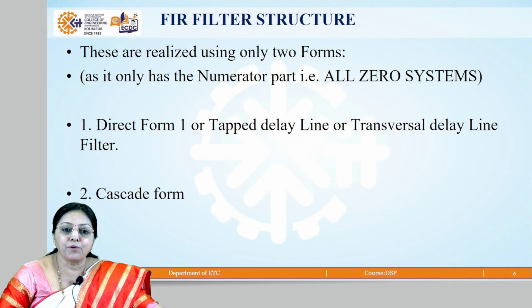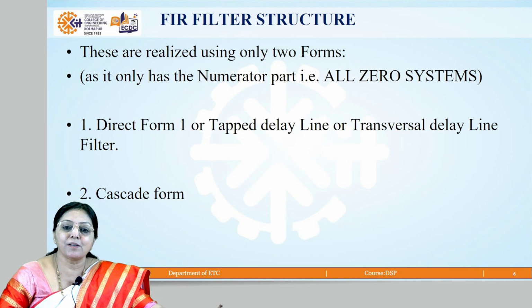In today's lecture, the realization of the FIR filter is an all-zero system. It means that we do not have a denominator, only the numerator part, and it is a zero system.